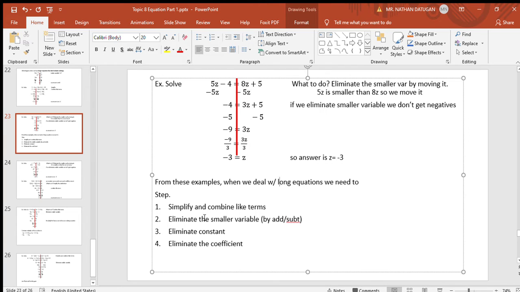And then what you do is you eliminate the smaller variable. Doing so prevents negatives on our variables. If you move 5z instead of 8z, you're going to get negative 3z, and you're going to have to divide by a negative, which is a pain later on. That's why we want positive with our variables.